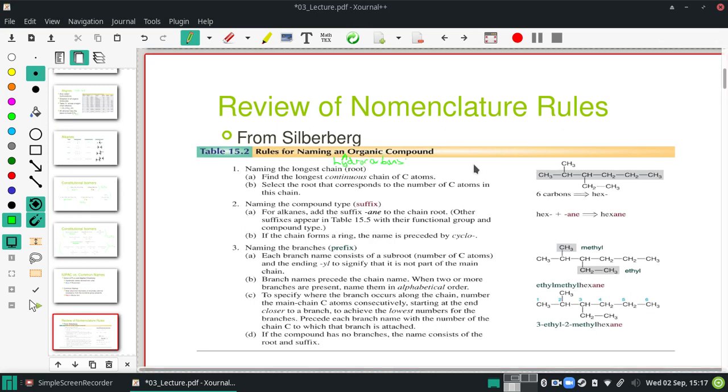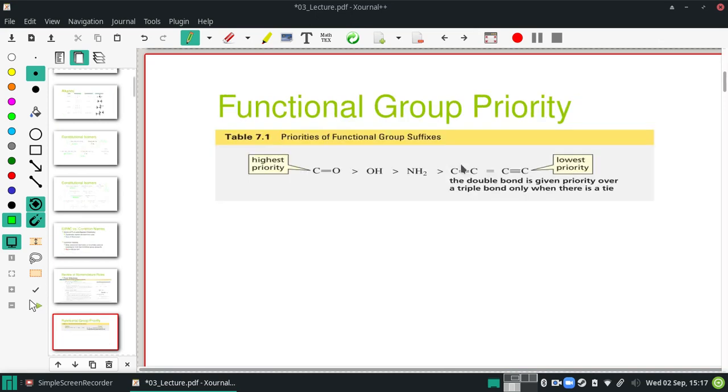Because it turns out when we add those functional groups to it, the rules change drastically.